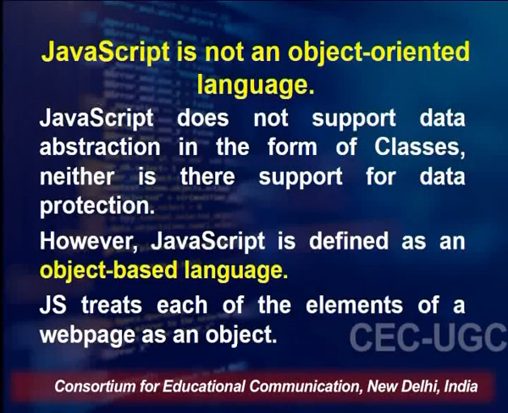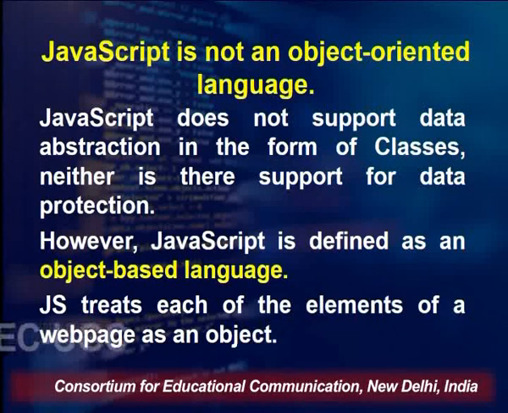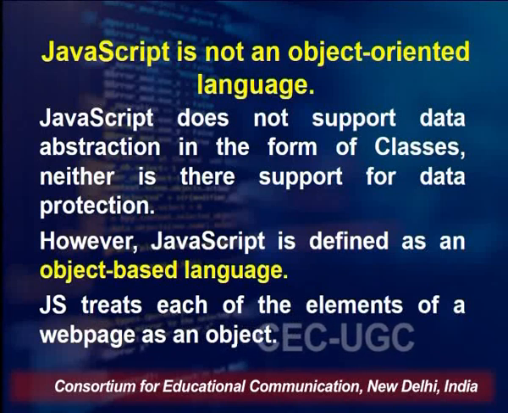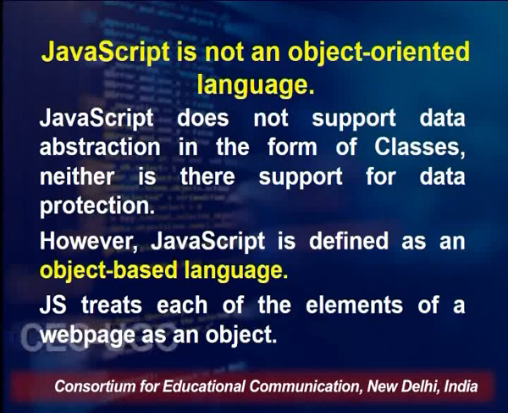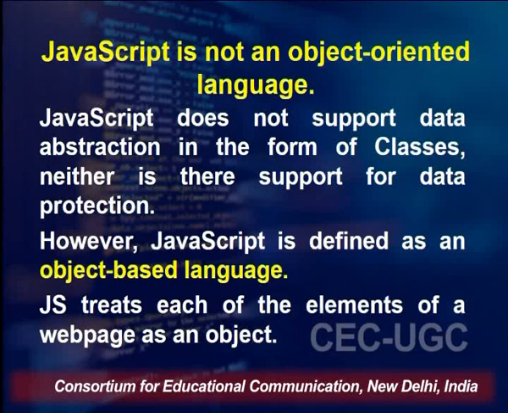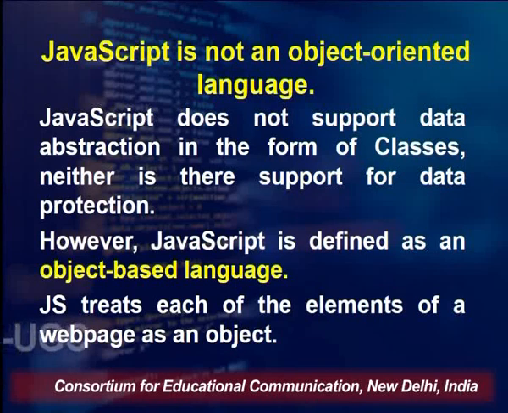However, JavaScript does not support data abstraction and inheritance, right? You cannot create classes like you create classes in other object oriented languages like C++. Although it treats all the elements of a web page as an object, still we say that it is an object based language.